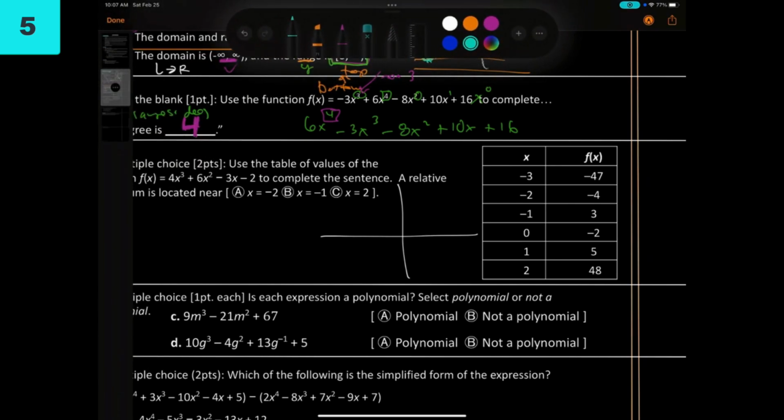So I'm going to put positive 50 up here and negative 50 down here. So when I graph this one, negative 3, negative 47, something down here. This one, negative 2, still negative. This one, negative 1, 3, so now it's positive.